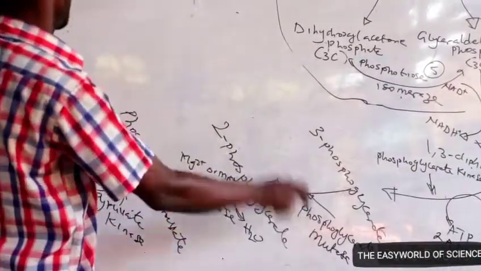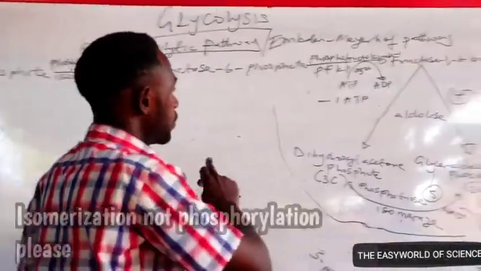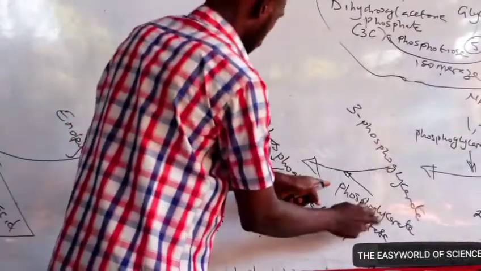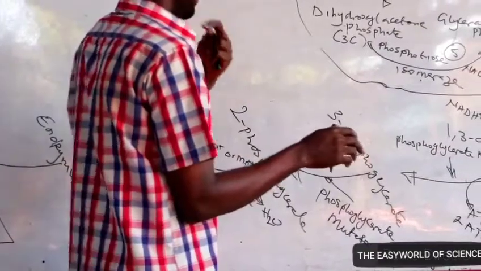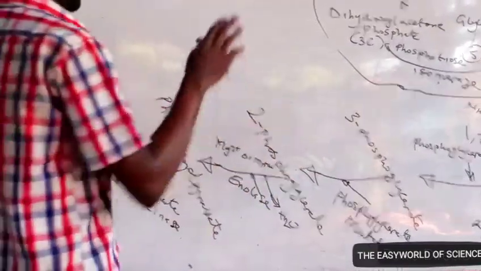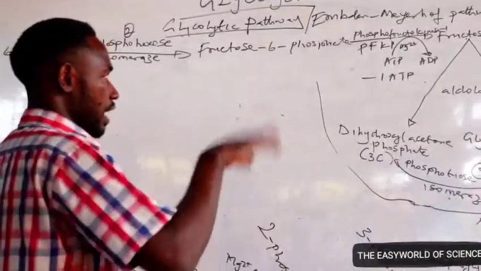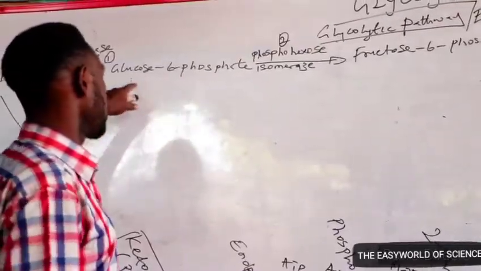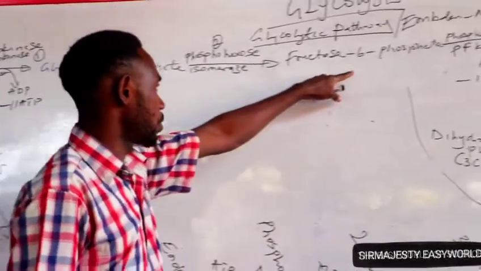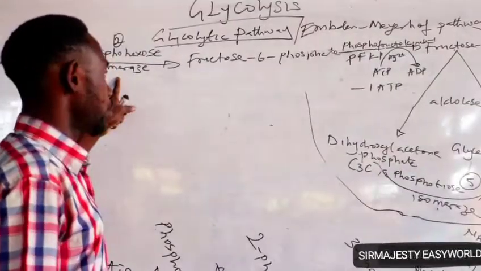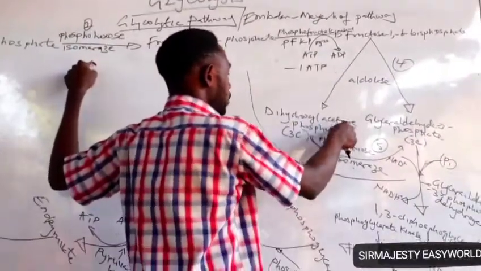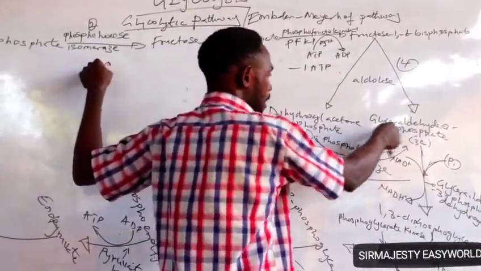So here is our first phosphorylation, here is our second phosphorylation, and here is our, not phosphorylation, please, isomerization, please. We have 3 isomerization reactions in the glycolytic pathway. First isomerization is the change of glucose phosphate to fructose phosphate. Then the second isomerization is the change of dihydroxyacetone phosphate to glyceraldehyde triphosphate.